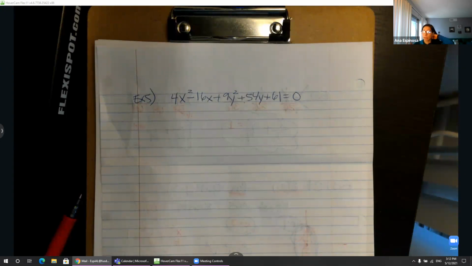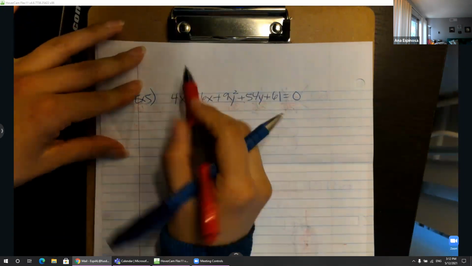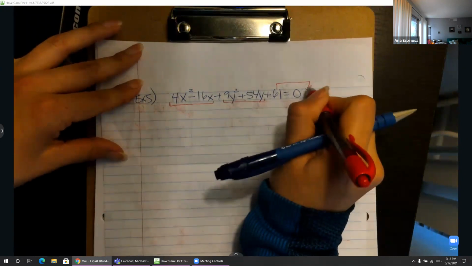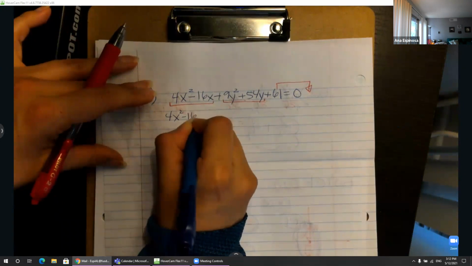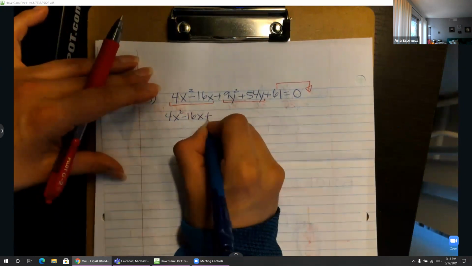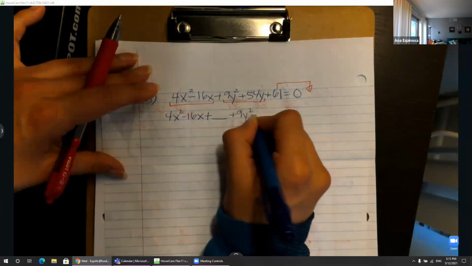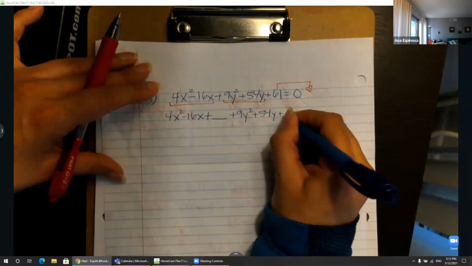You're going to be doing, again, the completing of the square. Okay, so what we're going to do is keep these, move that. So that's 4x squared minus 16x plus something. I'm not going to put the box just yet because there's something else I need to do.